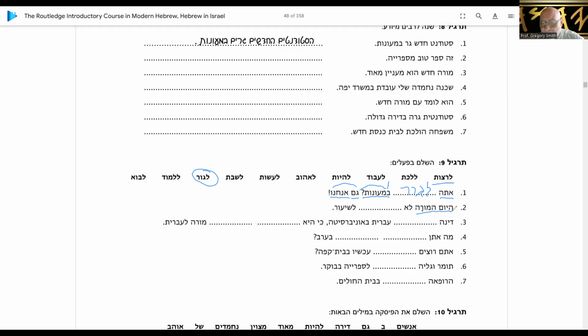And Hayom Hamora. So today the teacher, this is a female teacher, by the way. Notice the kamets and the hey combination here. The teacher does not blank lashir. Did not what? Maybe she did not. I wonder if it's this one, lilmod, did not learn.